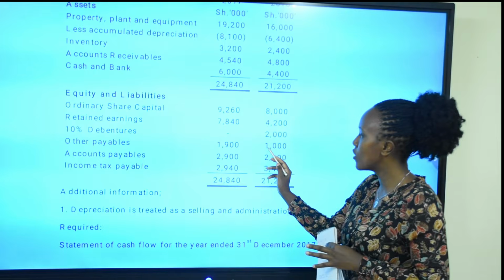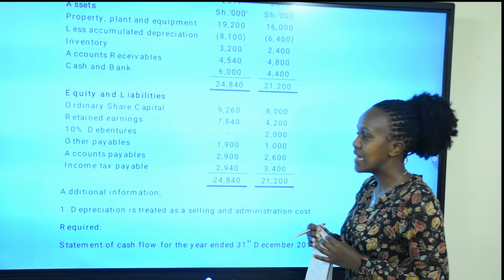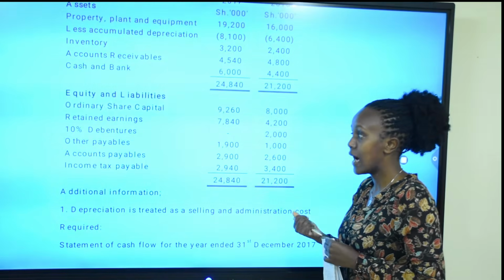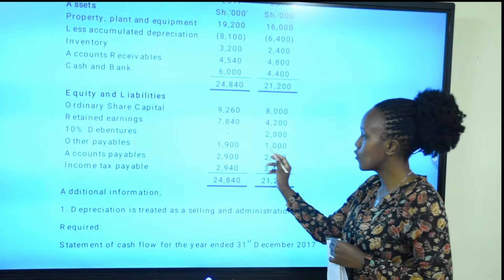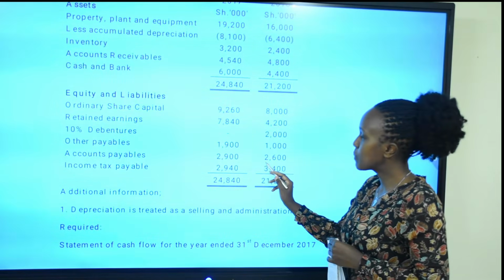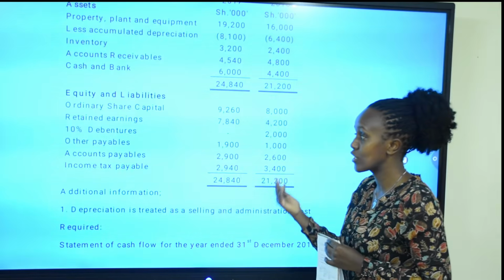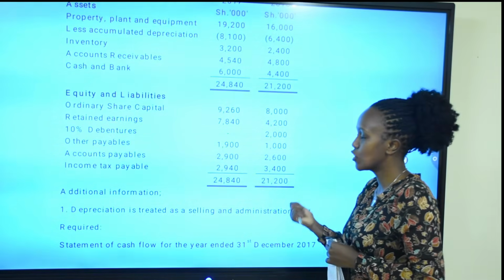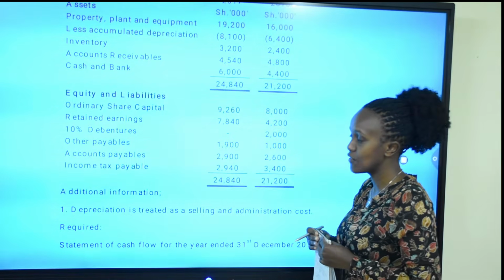So the amount borrowed is 900, which is the difference between 1,000 and 1,900, and that represents a cash inflow in operating activities, because the money is coming in as we have continued to borrow. The accounts payable have also increased, meaning we have continued to buy goods on credit, withholding money and not paying suppliers. So again, that is a cash flow in operating activities.